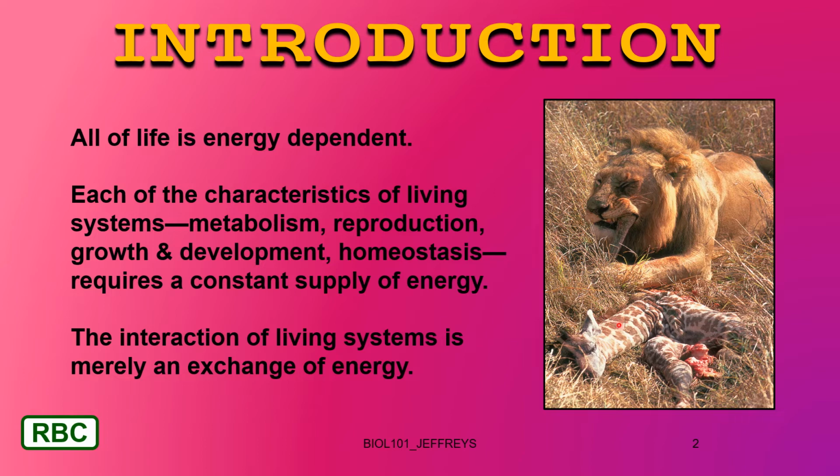The giraffe feeds, among other things, upon this grass. That's where the giraffe, the herbivore, gets its energy. And then the lion feeds upon the herbivore. The lion is a carnivore, obviously, and it's from there that the lion gets its energy.